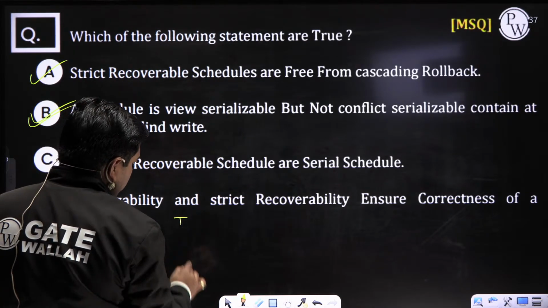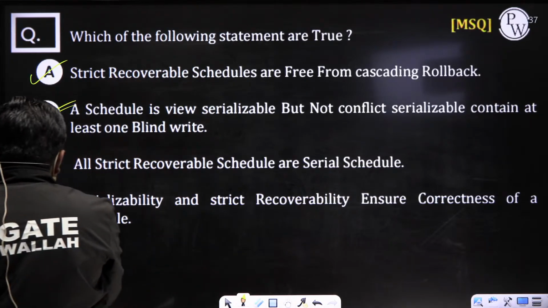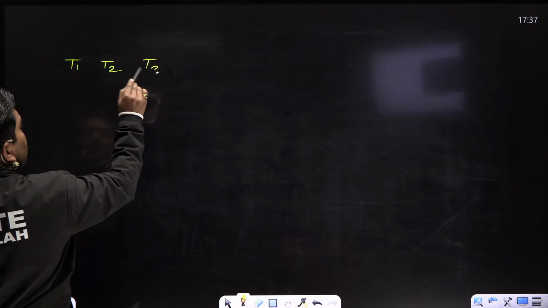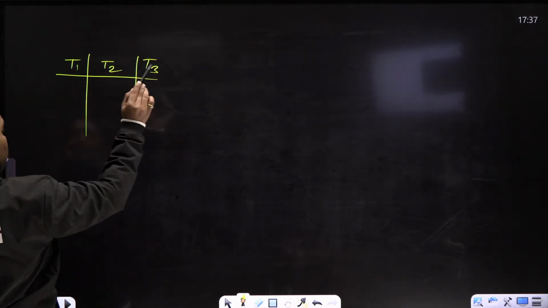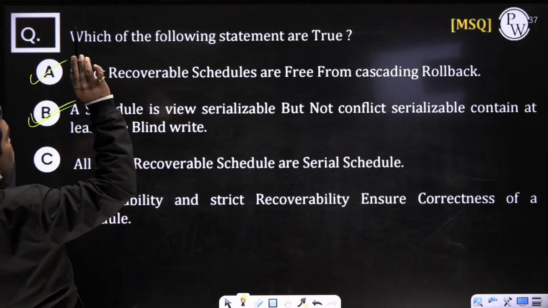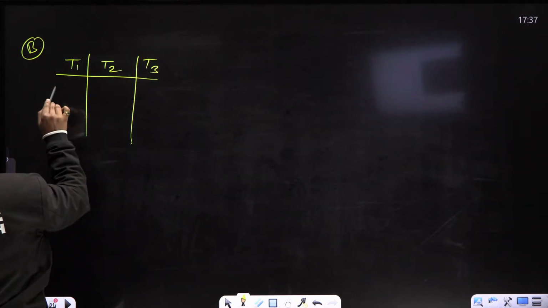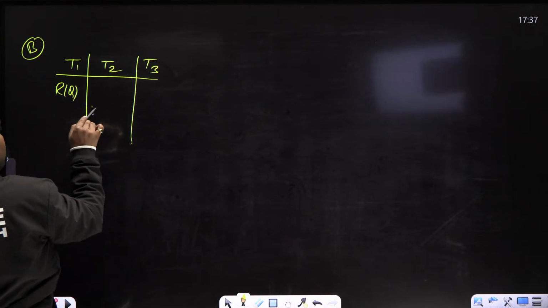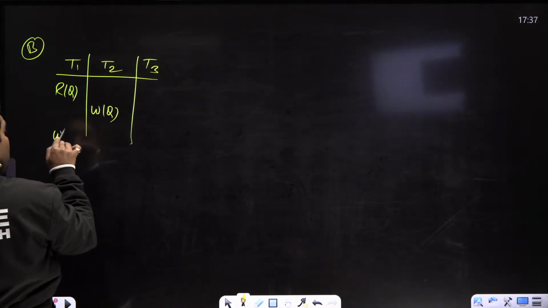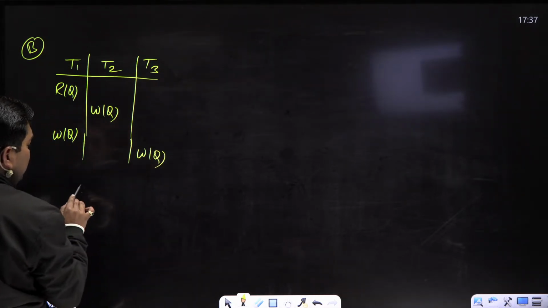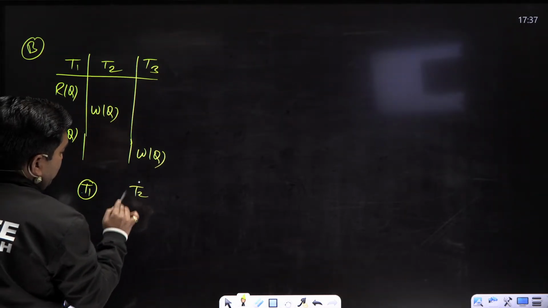You can see the option. I'm taking an example for each one. First, you can see statement number 2 for option B. Read Q, write Q, write Q, write Q. When you make the order, then what happens, my dear?